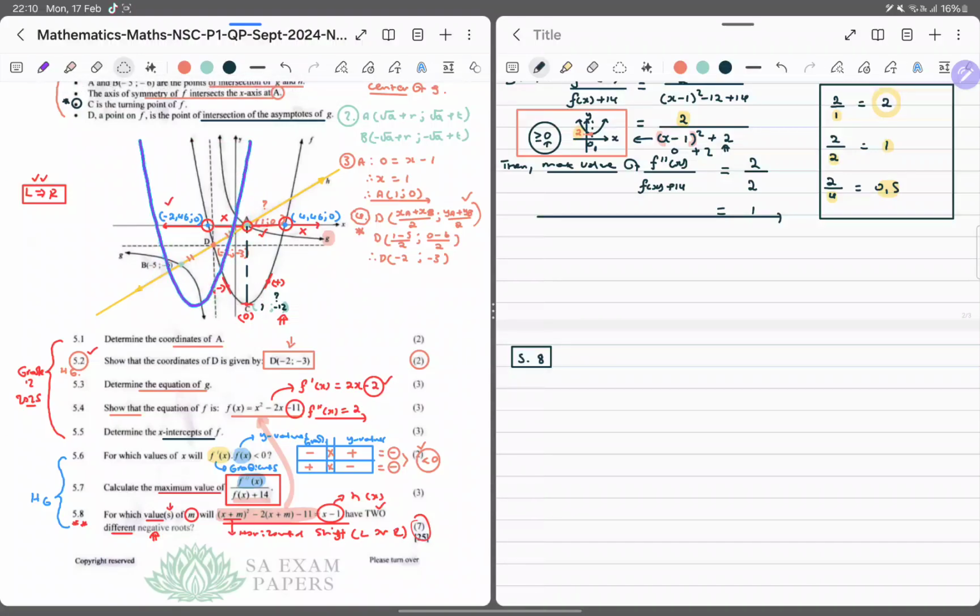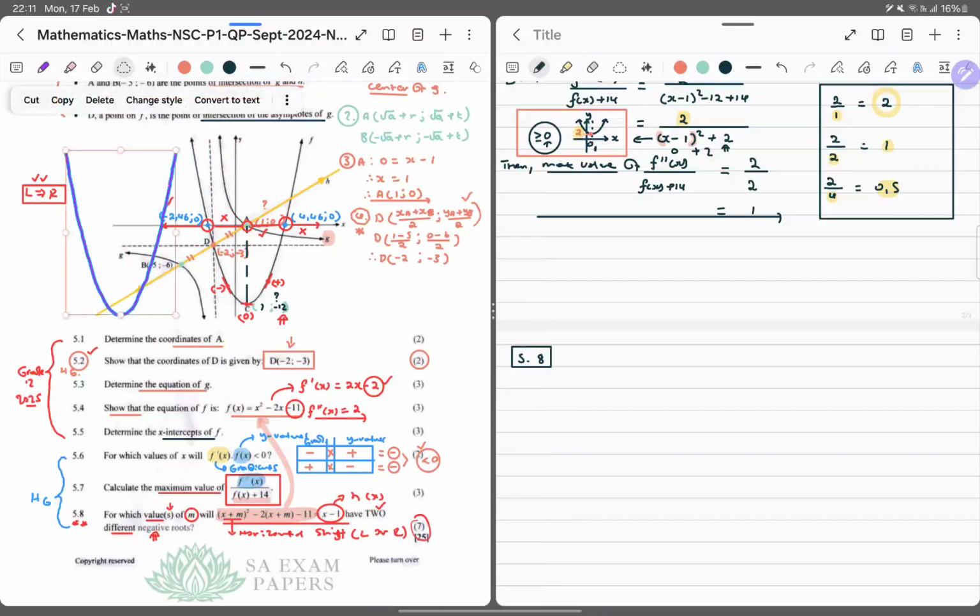We shift it further and say, maybe we place it at the origin there. Once we place it at the origin, can you see? We will have a negative root over there and a negative root here, because the x coordinates of the points of intersection are negative and they are different. So this is what it means. But is there a limit? Can we shift it further like this?